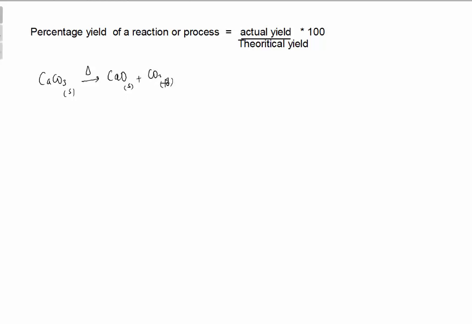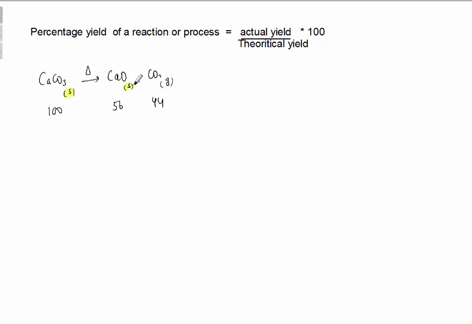If you remember the molar masses properly, it will be 100, 56 and 44. Please remember, if I take 100 gram solid and I am heating, I am getting 56 grams solid. That means 44 grams of CO2 has escaped from the solid that we have started with.